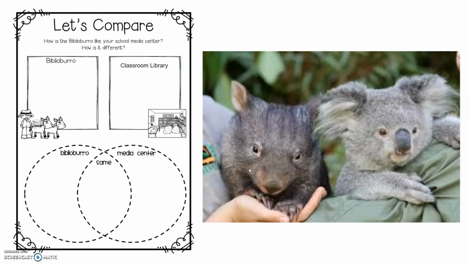Like a wombat likes to eat grass and roots, but a koala eats leaves. A wombat lives in a hole, but a koala lives in the tree. But they have the same type of nose, and they each have a pouch for their baby. So remember when we did that in class.